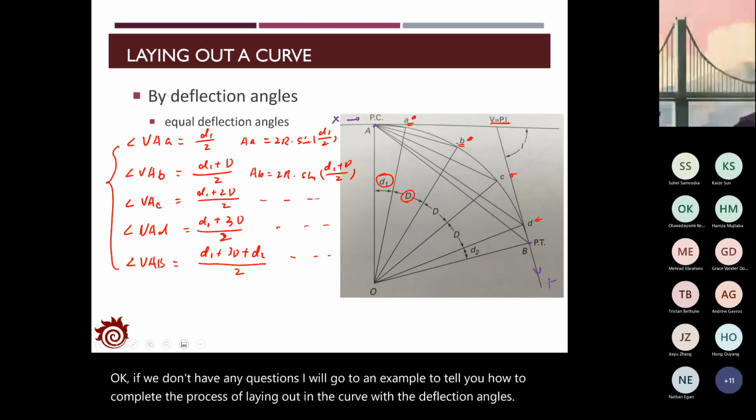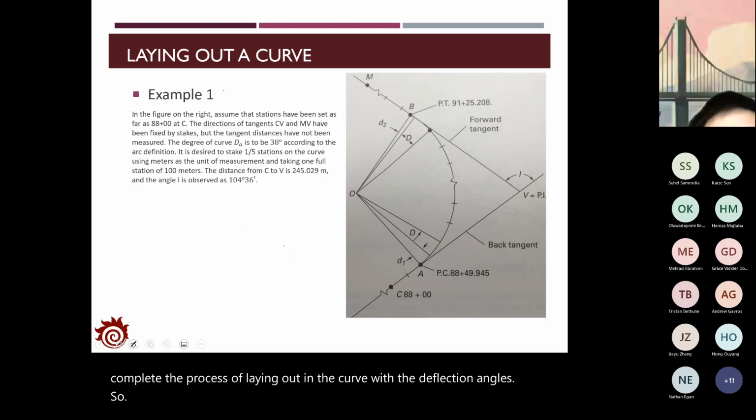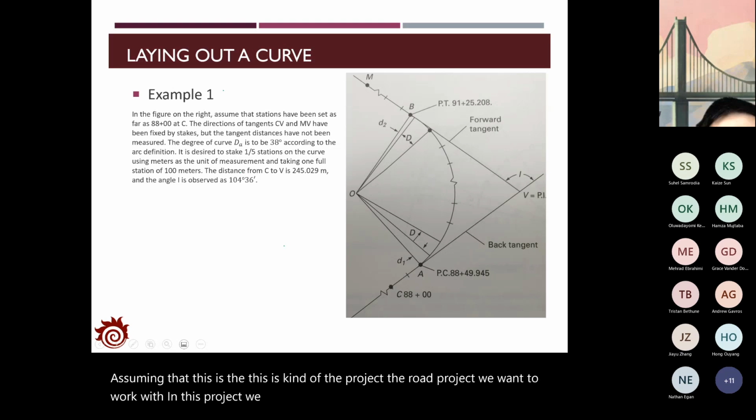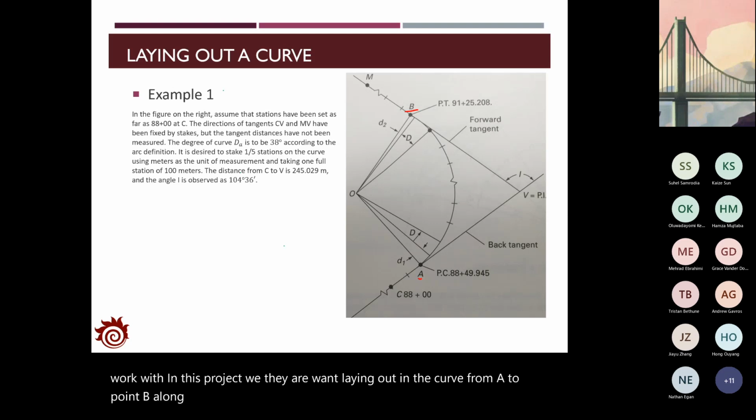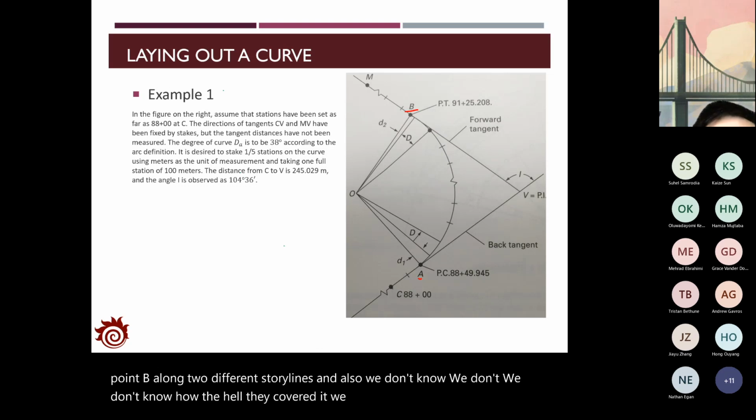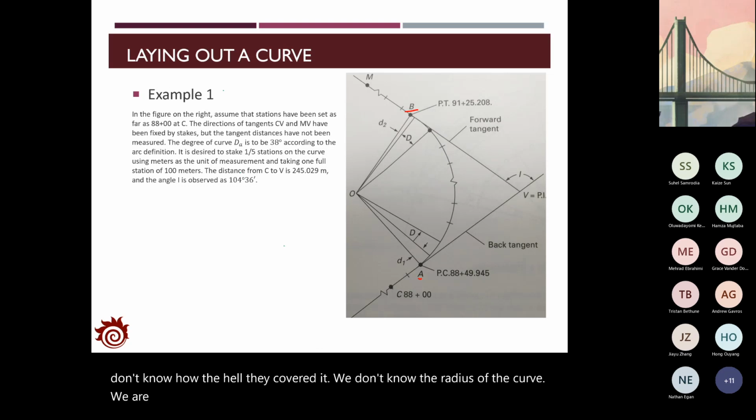Assuming that this is the road project we want to work with, we want to lay out a curve from point A to point B along two different straight lines, and we don't know the radius of the curve, but we are provided with some information.